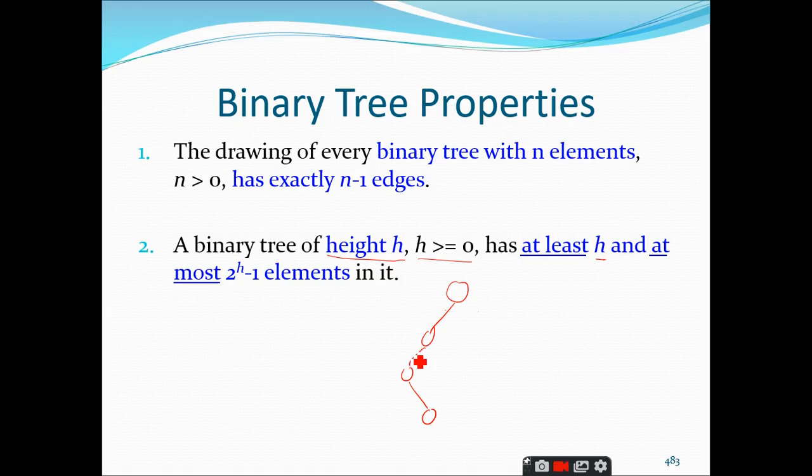Let us take the example tree like this. So what is the height of this tree? 3, sir. It is 3, right? So this is level 1, level 2 and level 3. So the height is equal to 3.